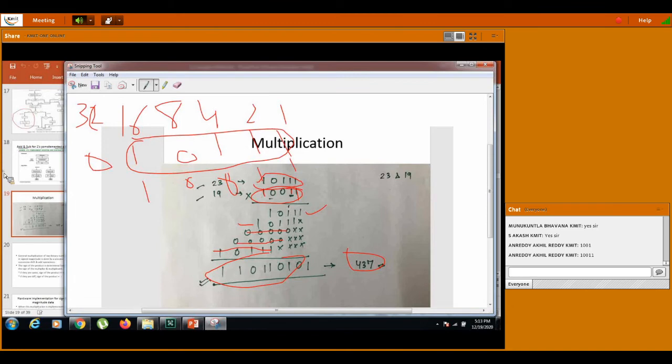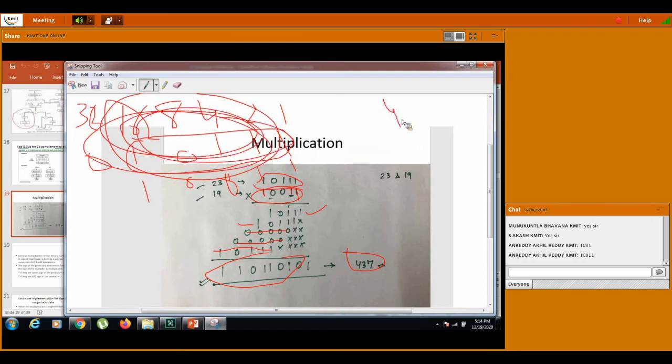To check 437 in binary directly is difficult, so you can go for a simple way: divide 437 by 2. 2 2s are 4, 2 1s are 2, you have 1 as a remainder, then 2 8s are 16, so the remainder is 1.